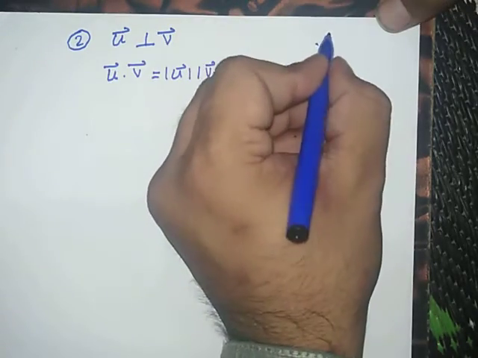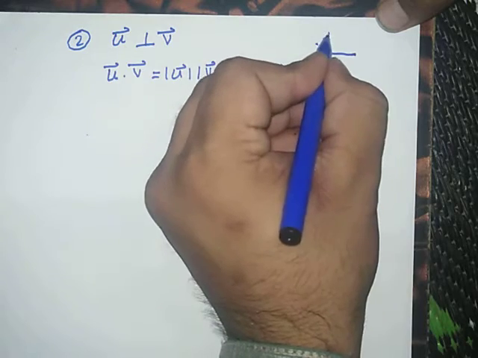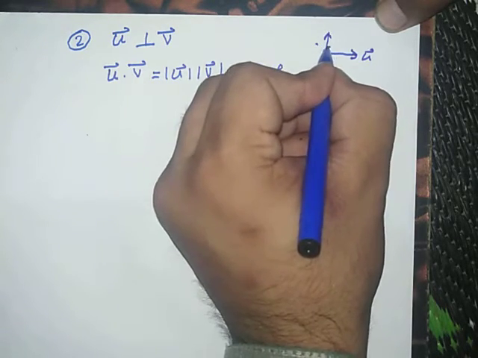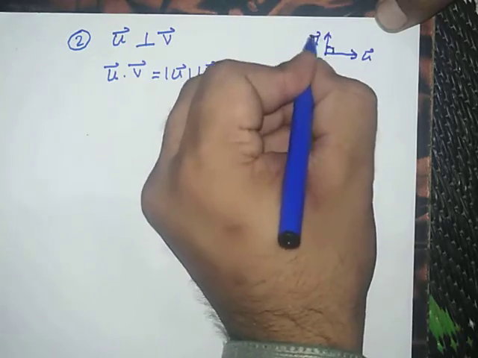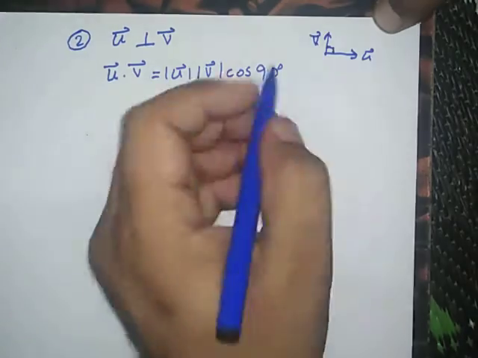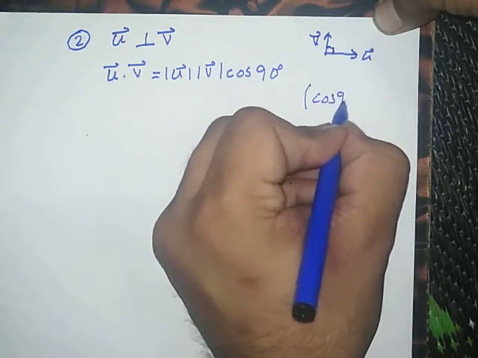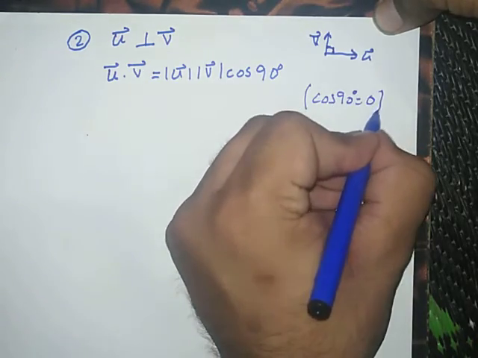Perpendicular means the angle between the two vectors is 90 degree, and we know that cos 90 is equal to 0.